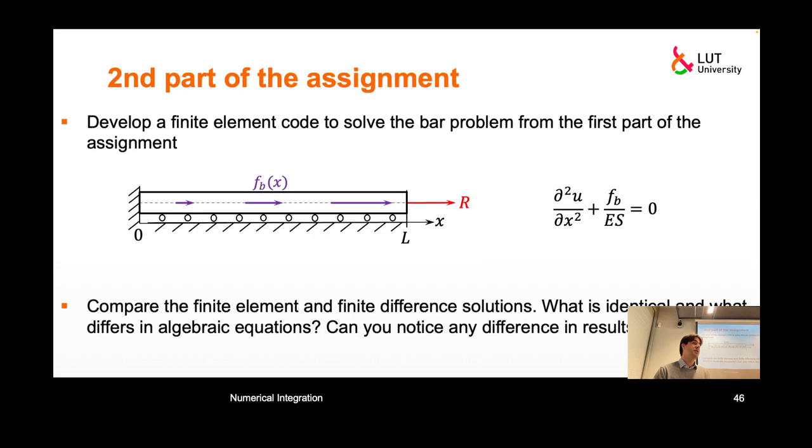And it would be nice if you then compared the solution obtained with the finite element method and with the finite difference method, and not only the solution but also the matrices, this matrix equation. In any of those methods, you end up with linear equations, KU equals F or KT equals F. Doesn't matter how you denote your unknowns.